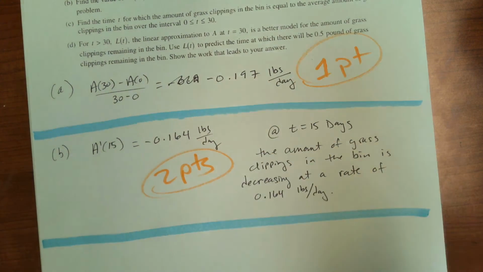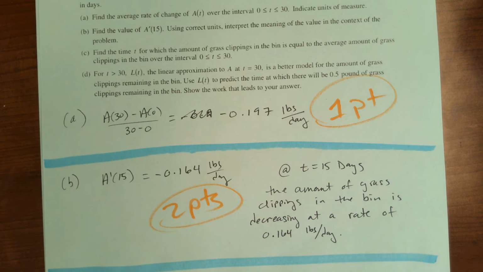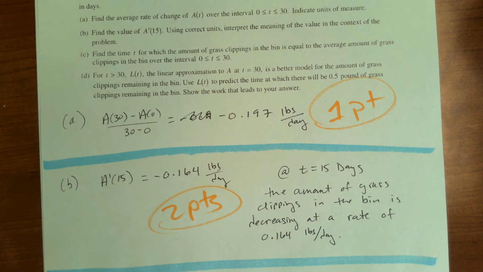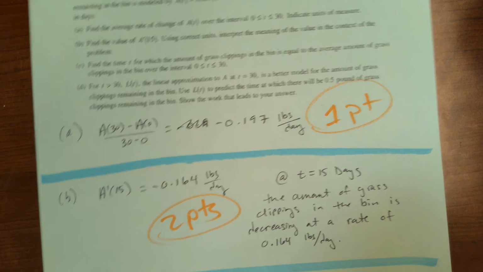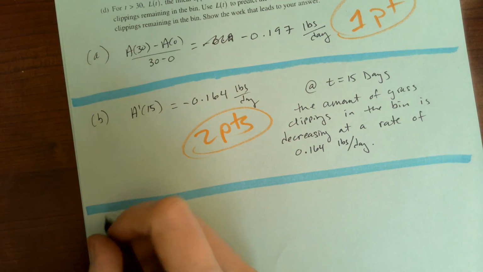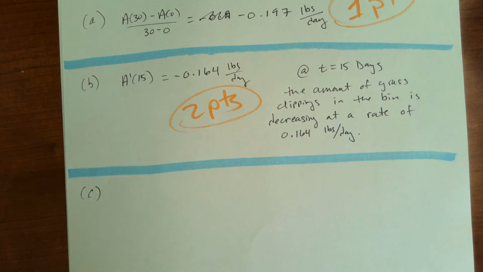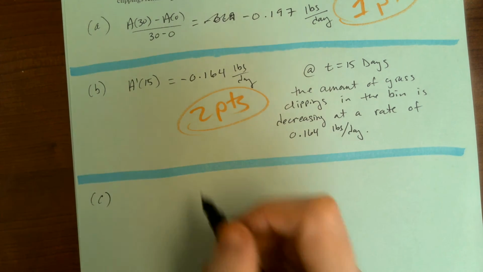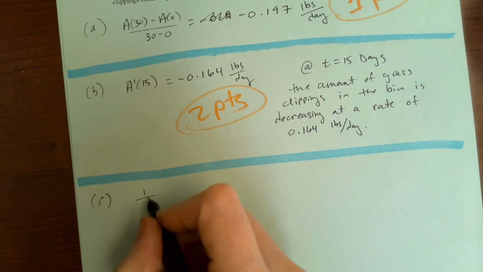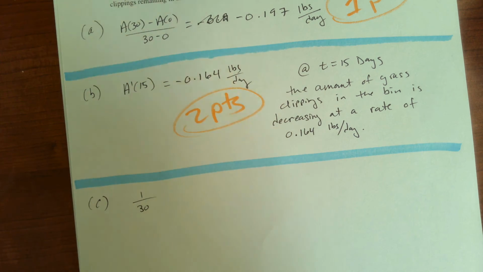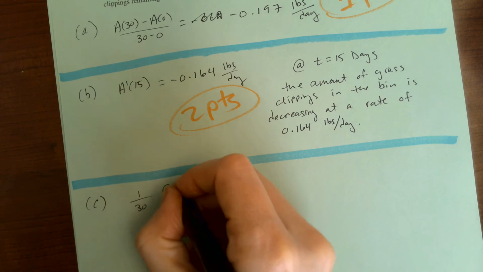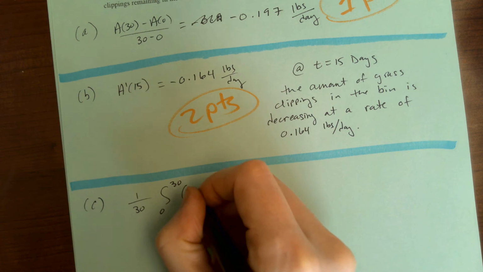All right, now this next one, part C. Find the time t for which the amount of grass clippings in the bin is equal to the average amount of grass clippings in the bin over the interval 0 to 30. Okay, so here you need the average value formula. It's 1 over 30, that's the length of the interval, 30 minus 0, times the integral from 0 to 30.